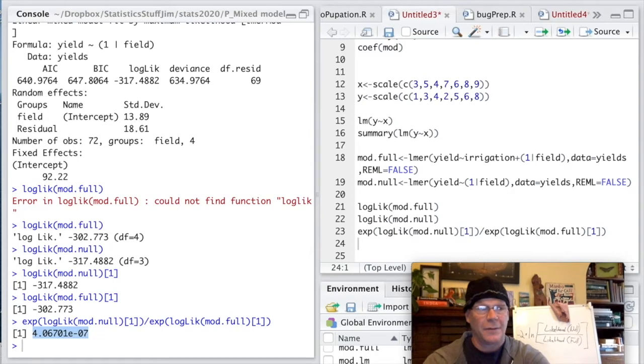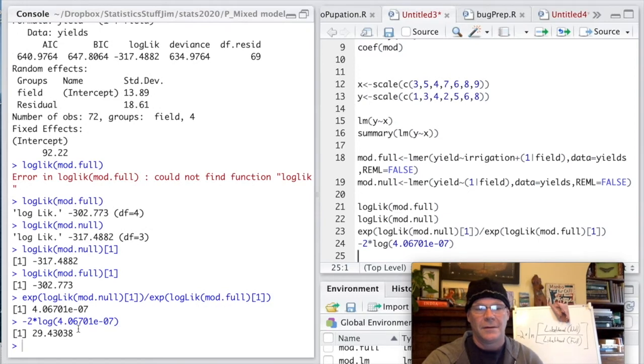And now if we take negative 2 times the log of that ratio, we get 29.43083. We could then take that number and compare it against a chi-squared distribution.